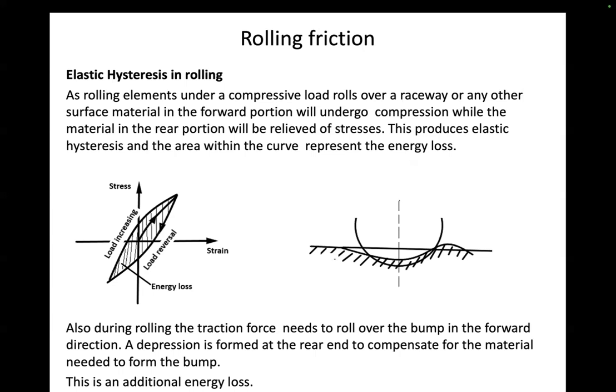If you look at a roller rolling on a surface, with a compressive load, then the raceway or any other surface of the material in the forward portion will undergo a compression, obviously. And the trailing surface will be released. So this leads to what we call elastic hysteresis.